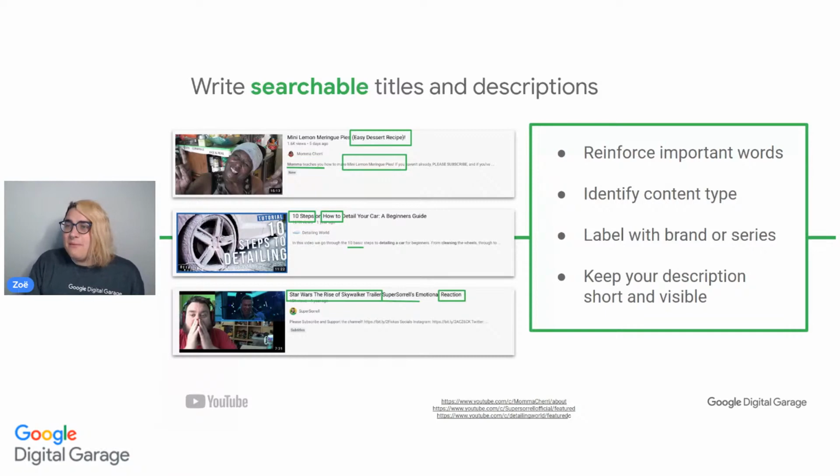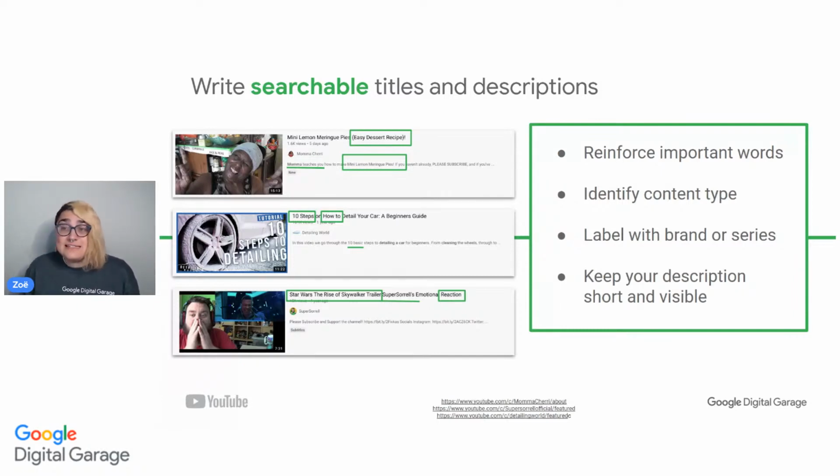In the description, Mama teaches you how to make mini lemon meringue pies. So first of all, the thing that they are cooking there is mini lemon meringue pies. They've got that phrase in both the title and the description of the video. That is going to show the search engine that if anyone is searching for mini lemon meringue pies, this video clearly is about that.